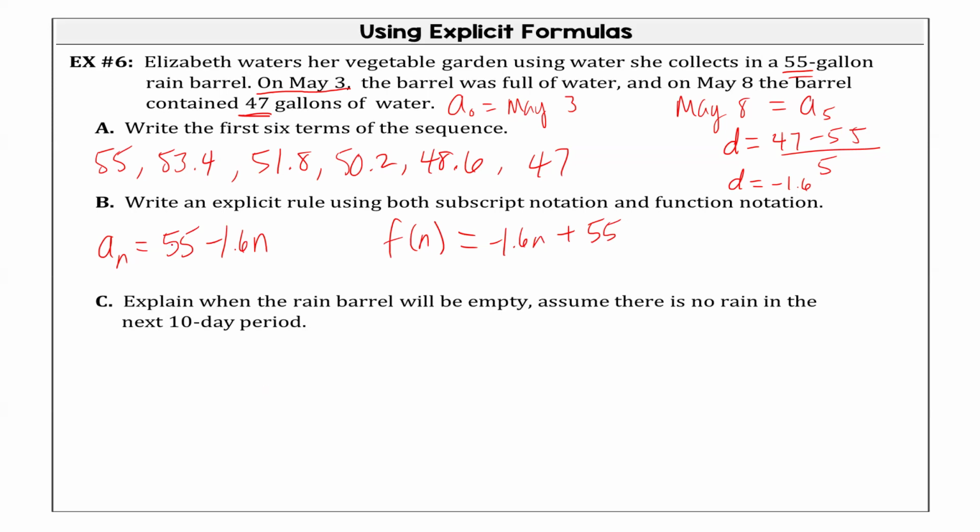You're asking yourself, when does f of n equal 0? Because that's what you want left, right? Well, f of n equals negative 1.6n plus 55. And we're going to subtract 55, divide. So we end up with n equals negative 55 divided by negative 1.6.